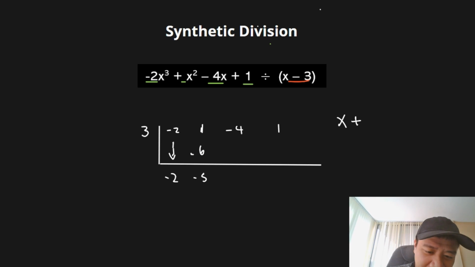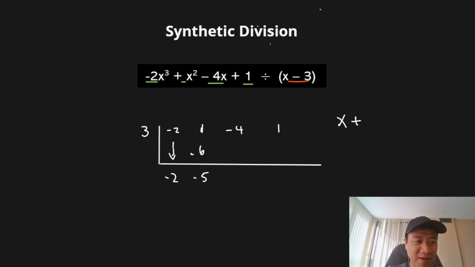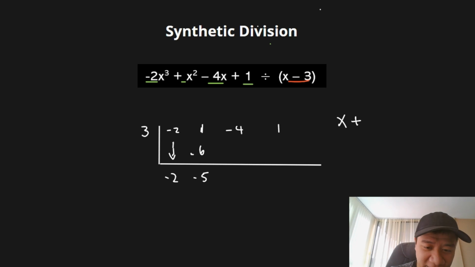So now we just repeat this process over and over again until we run out of numbers that we can bring down. As you can see, as we fill these numbers up in this row, as we keep going, we're going to run out of numbers here, and then that's when we stop. Okay, so let's keep going. Negative 5 times 3 is negative 15.